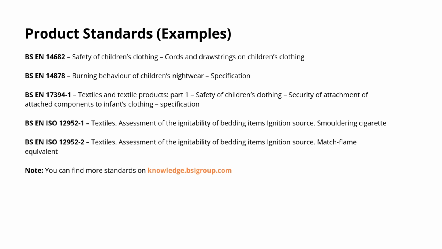So your job is now to go to knowledge.bsigroup.com and identify the standards that apply. And I suggest that you type in a keyword that sort of describes your product. As you can see here, if you sell children's clothing, search for children's clothing or children's nightwear, and you will likely find a number of standards that could potentially apply.